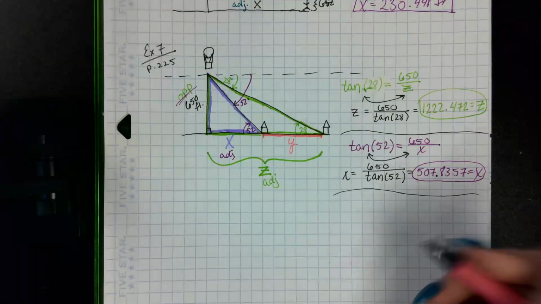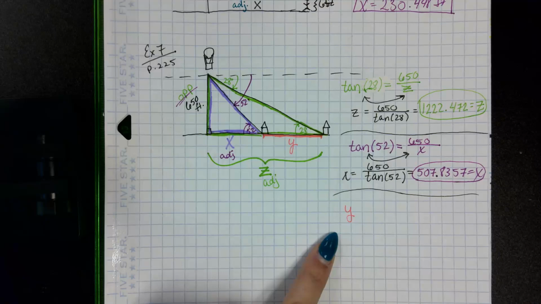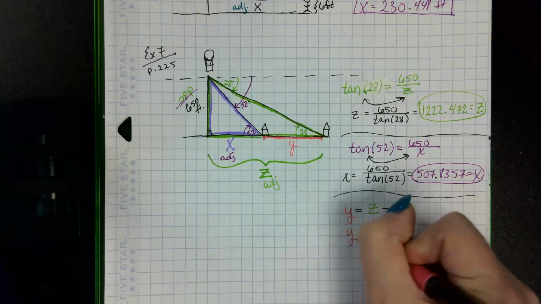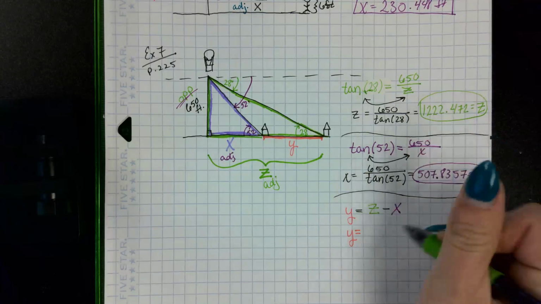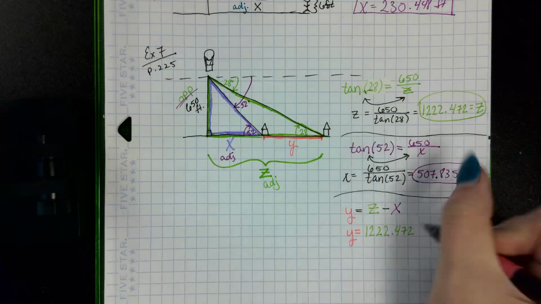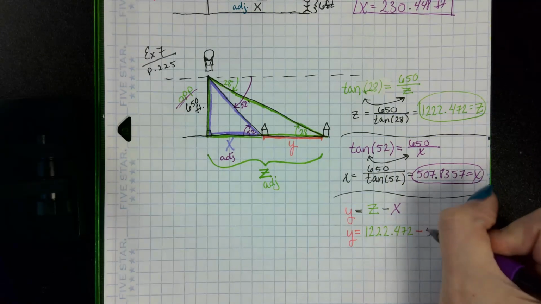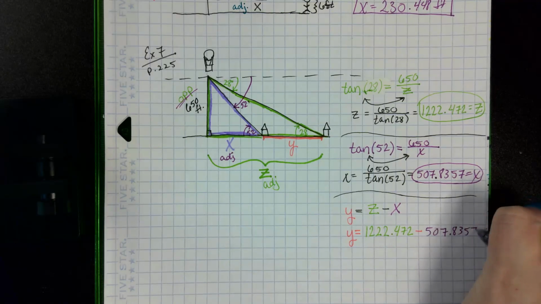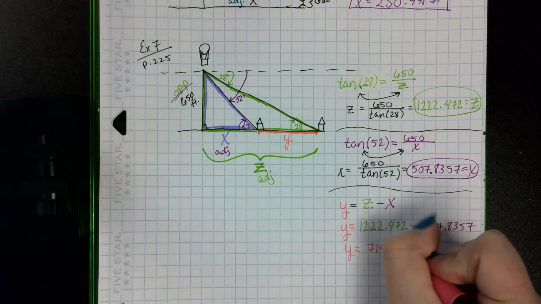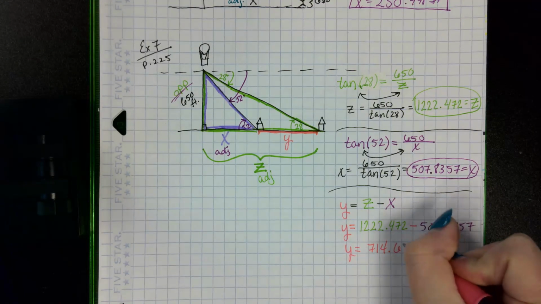So Y is going to equal Z minus X. Y equals 1222.472 minus 507.8357. And so Y equals 714.636 feet.